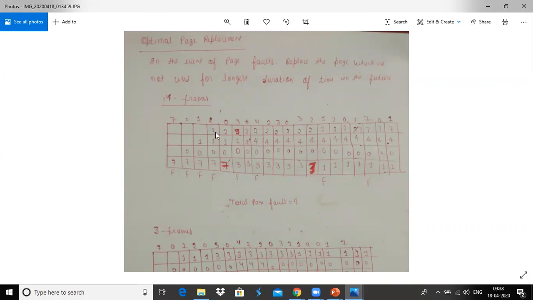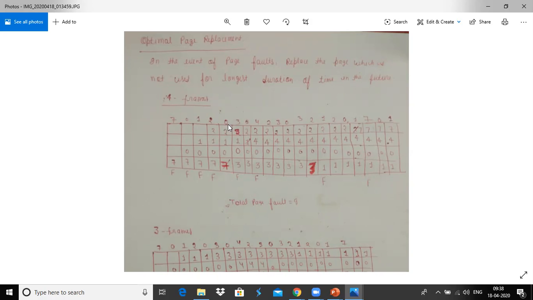So which page will you replace? Page number 7, or page number 0, or page number 1, or page number 2? Which page will you replace? The target is that from 0 you see all the pages in the forward direction and see which page is not used for the longest duration of time in the future after page number 0.